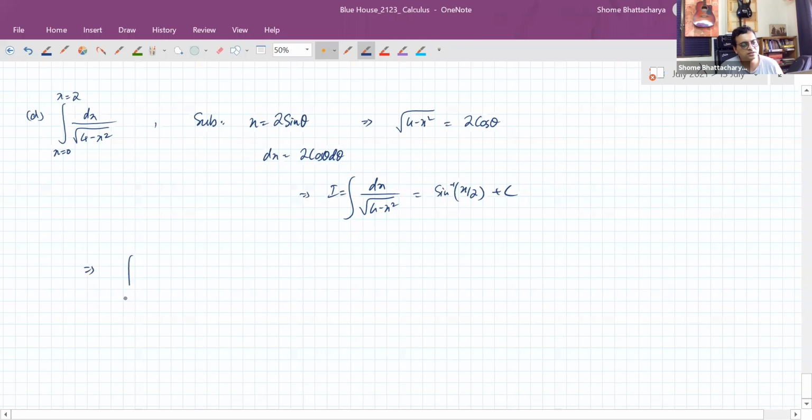So now this integration with the limits becomes sine inverse x by 2 plus c.